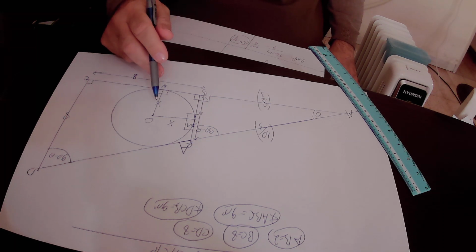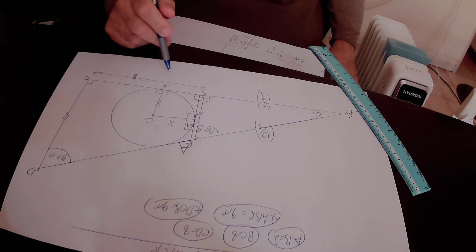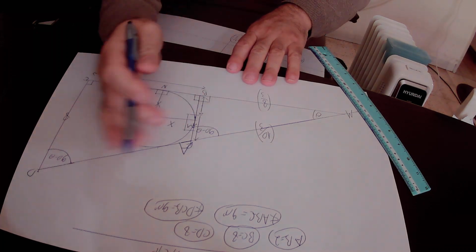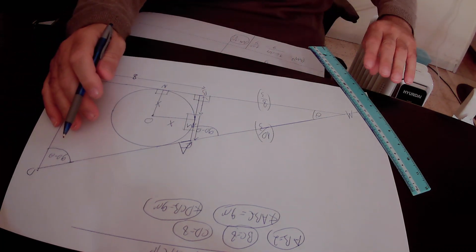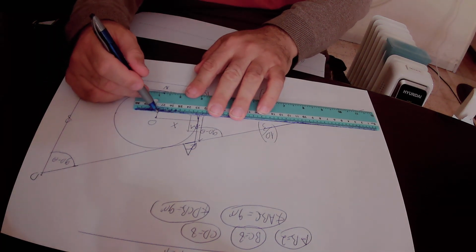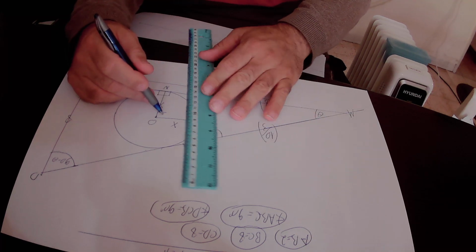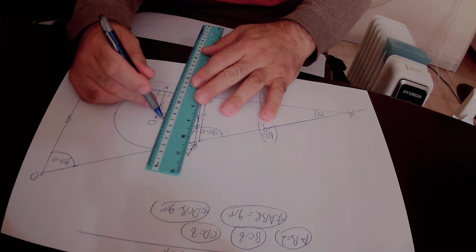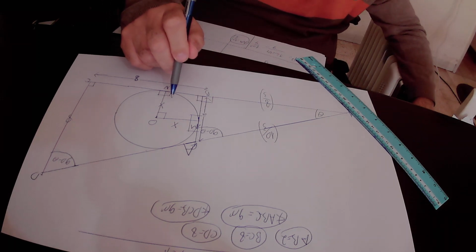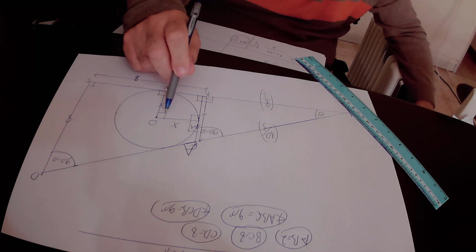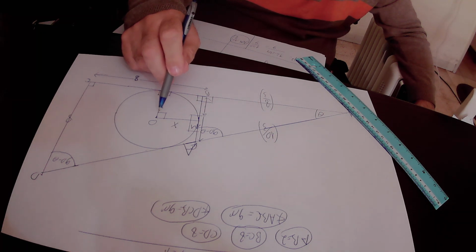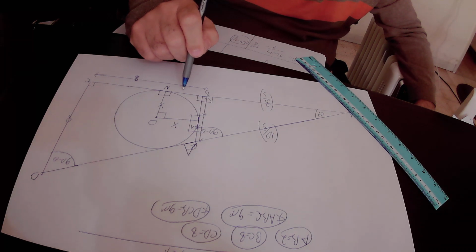Plus the missing angle, the sum of those 4 angles must be equal to 360 degrees, according to the rule that the sum of the angles in any quadrangle is equal to 360 degrees. Therefore, the missing angle here must be equal to 90 degrees. In order to complete the sum of the angles in this quadrangle to 360 degrees, the missing angle here must be equal to 90 degrees, because 270 degrees plus 90 degrees is equal to 360 degrees.